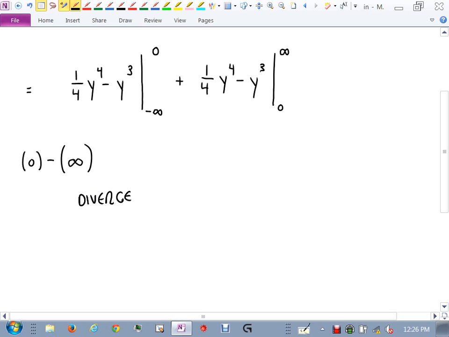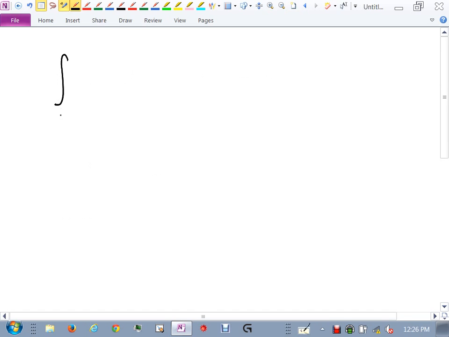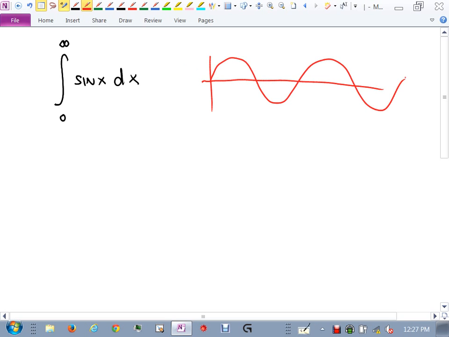Let me give you an example of something that's divergent that does not go to infinity. Okay? How about this? Integral from 0 to infinity of sine x dx. Just think about it. Think about what's happening. So you start moving to the right, you start getting area, right?